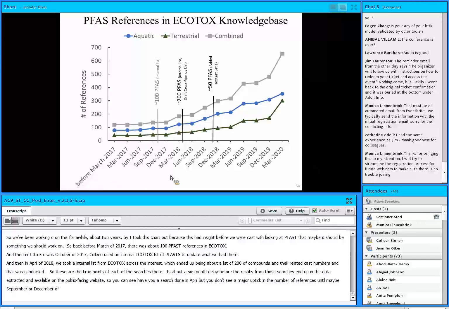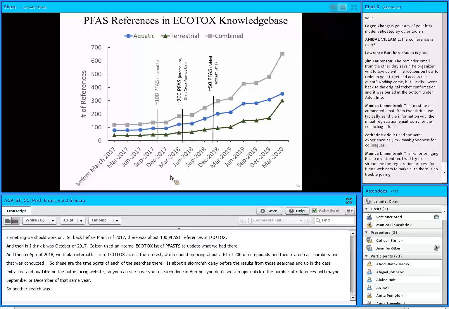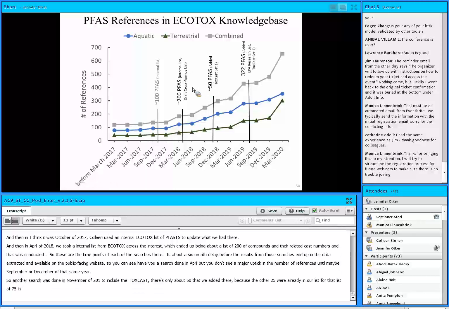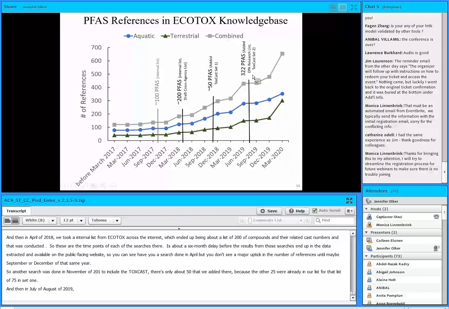So another search was done in November of 2018 to include the ToxCast PFAS Set 1. There's only about 50 that we added there because the other 25 were already in our list for that list of 75 in Set 1. And then in July, August of 2019, we did a comprehensive list of everything that we had previously searched, but we also added any new chemicals that were in the more finalized EPA research list, as well as the ToxCast Set 2 75.